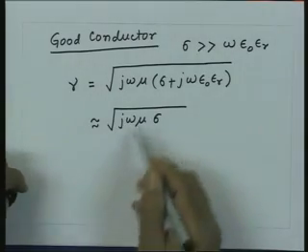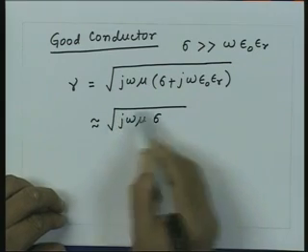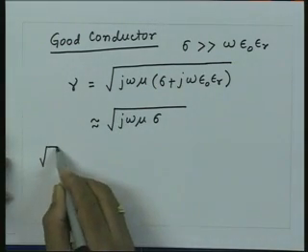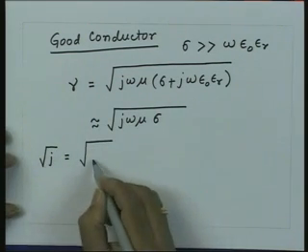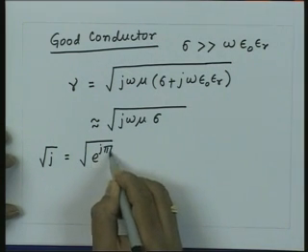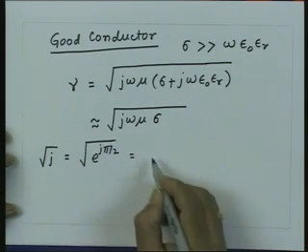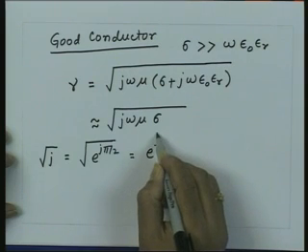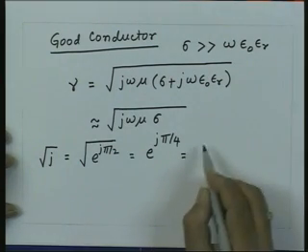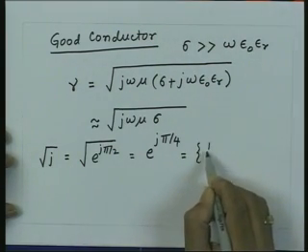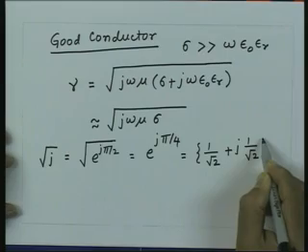Now if we separate the real and imaginary parts, the square root of omega mu sigma is straightforward. We want the square root of j. j can be written as e to the power j pi by 2, so the square root of j is e to the power j pi by 4, that is equal to 1 upon root 2 plus j 1 upon root 2.